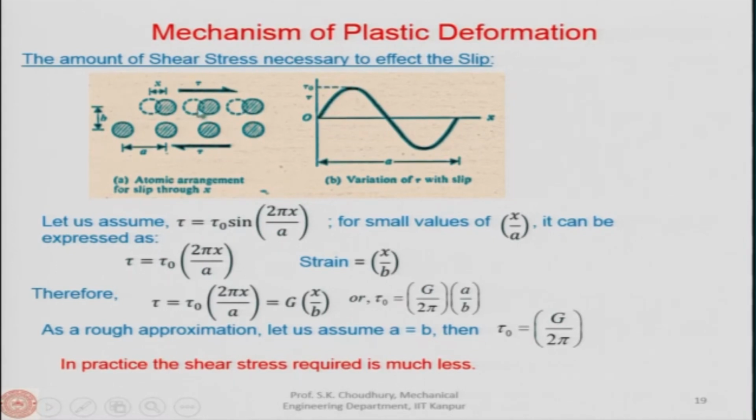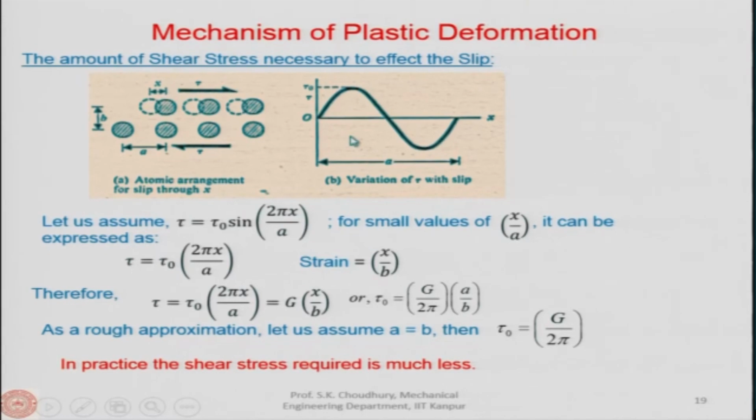All right. Now, the distance between the two layers is b, okay, and the distance between the atoms, that is interatomic distance, is a. Okay. So, these are the 3 parameters x, b and a. Now, it has been seen that within the atomic distance a, the variation of the stress with respect to the displacement, this is the displacement, okay.